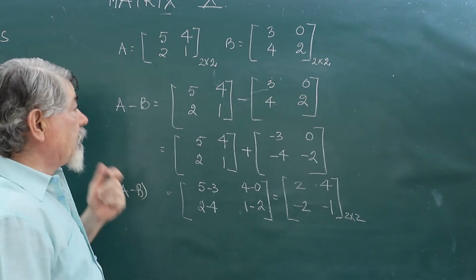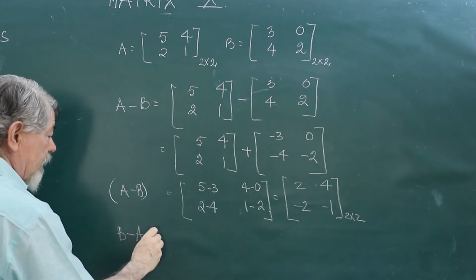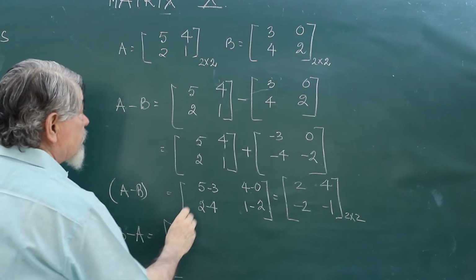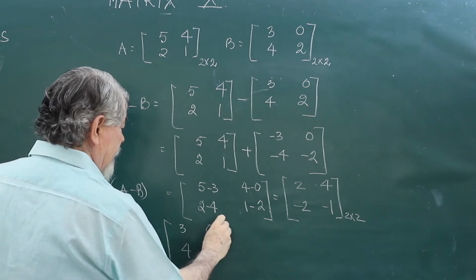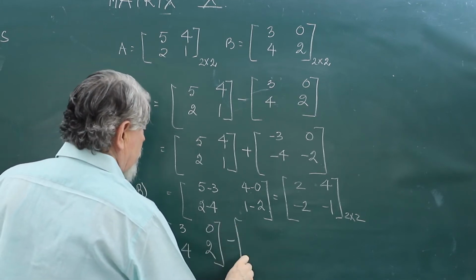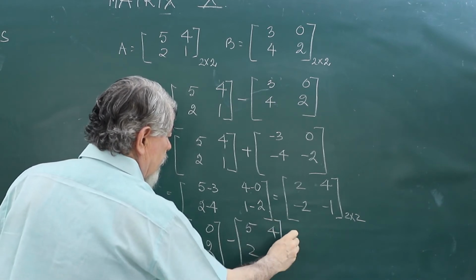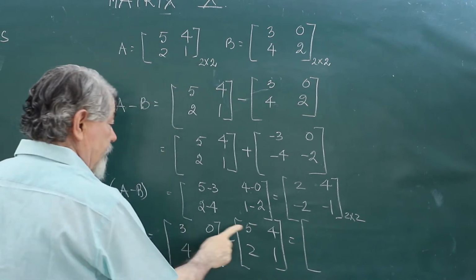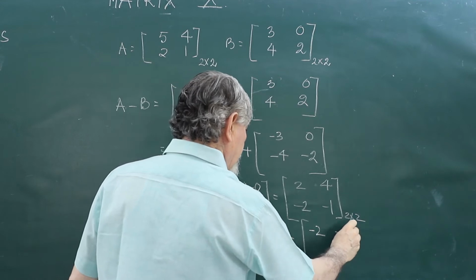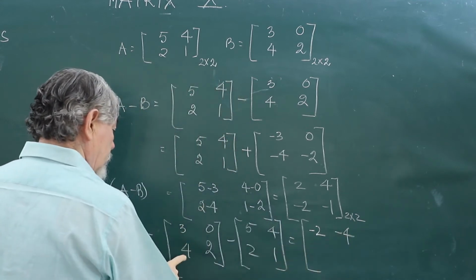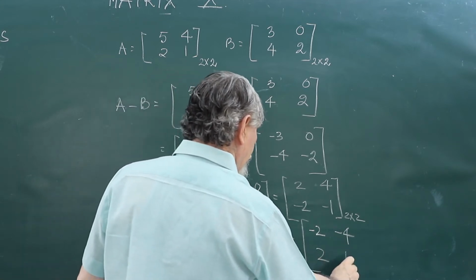Now suppose I want to calculate B minus A. So B minus A means first I'll write B, 3 0 4 2, and then minus 5 4 2 1. If I subtract, 3 minus 5 is minus 2, 0 minus 4 will be minus 4, 4 minus 2 will be 2, and 2 minus 1 will be 1.